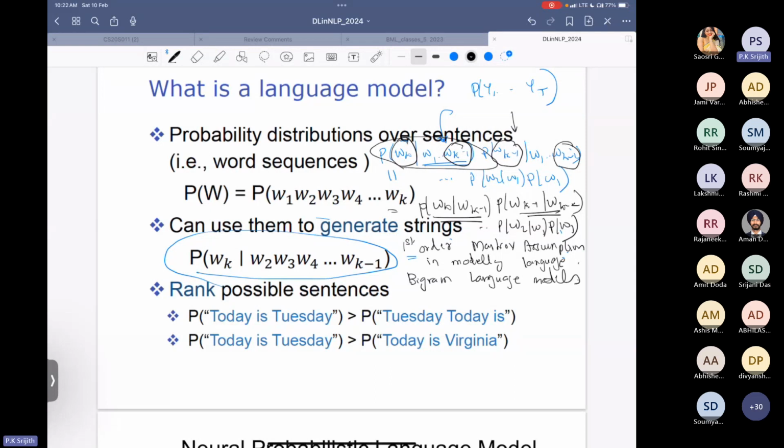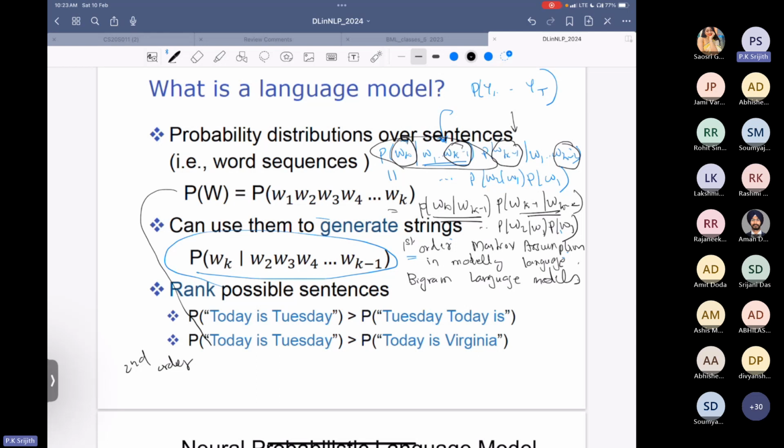Okay. So this assumption of the current word depending upon the previous word only, and not on any other words before that, is a bit too simplistic, and many times you may not be able to model your sentences well by making this assumption, or you may not be able to generate sentences well either. So people might go for a second order Markov assumption, where you assume WK will depend upon WK minus 1 and WK minus 2.